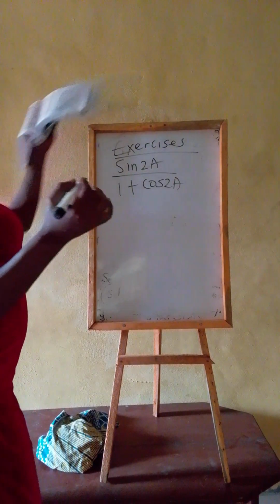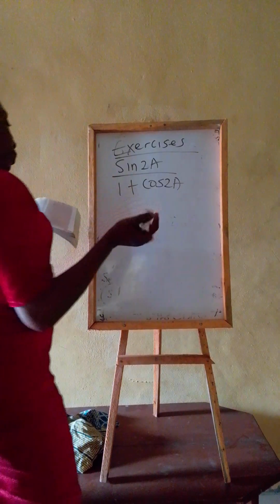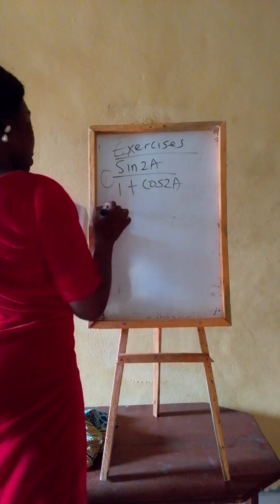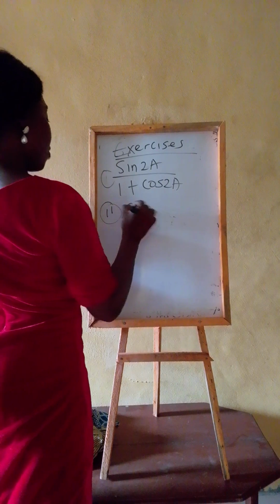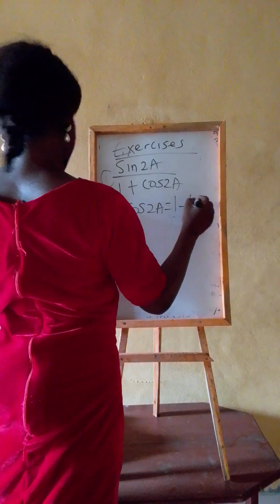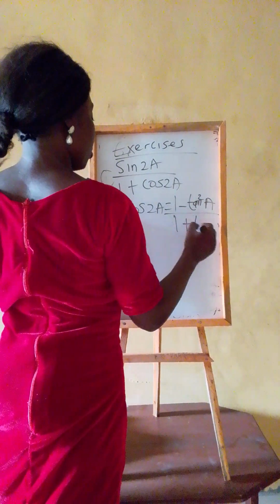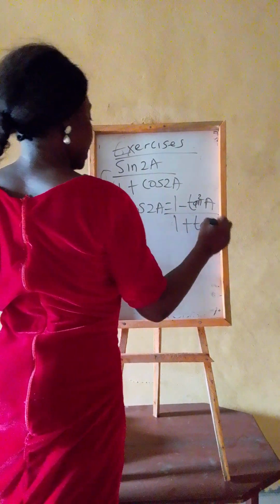Then the second, we have cos 2a equals 1 minus tan squared a over 1 plus tan squared a.